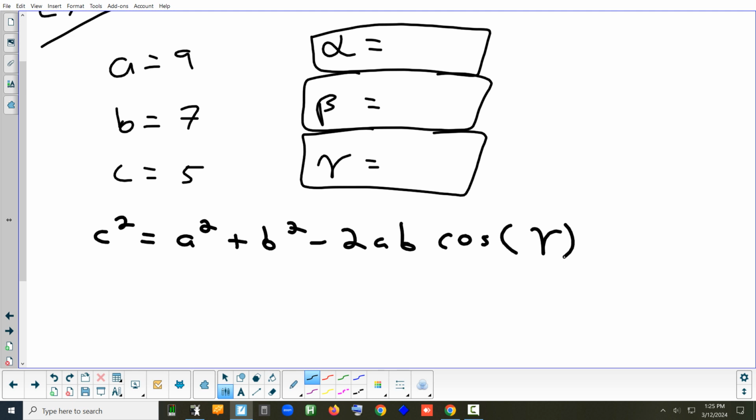Okay, so the nice thing is usually when they give you the sides, there's no decimals. Usually. Okay. So what's c squared? 25. A squared? 81. B squared? 49. 2ab. Let's do 2 times 9 is 18. What's 18 times 7? 126.